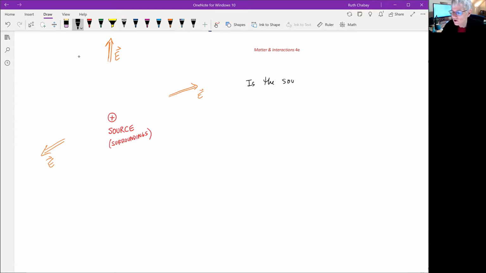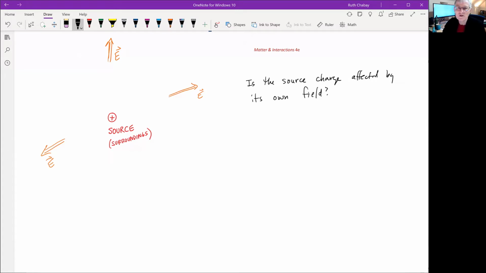Is the source charge affected by the field? By its own field, let's be clear. Well, how would it be affected?